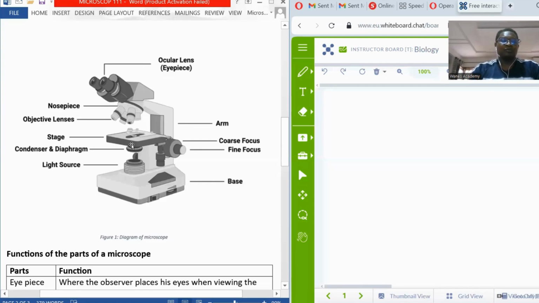Then we now move to the stage. The stage is just a platform where the specimen is placed. The specimen, for example, if one studies the Plasmodium. Plasmodium is a protist that causes malaria. Plasmodium is the malaria parasite. So the Plasmodium would have been prepared on a slide.